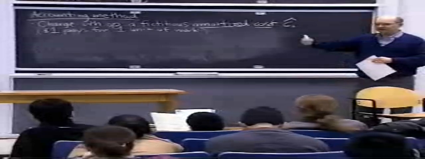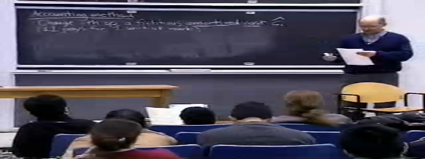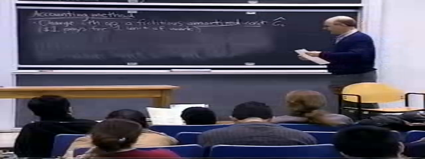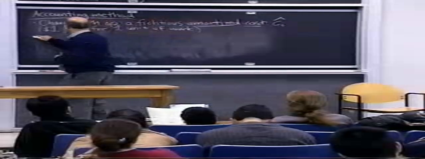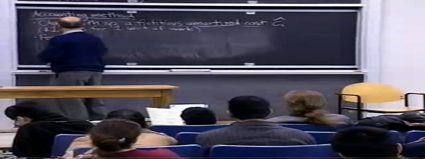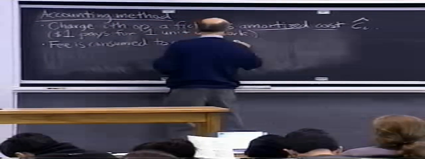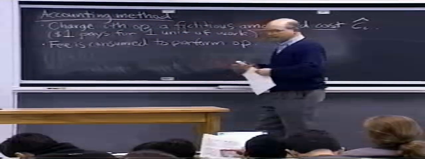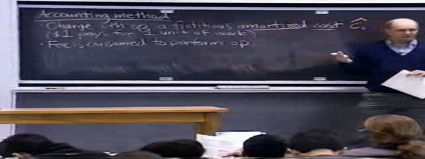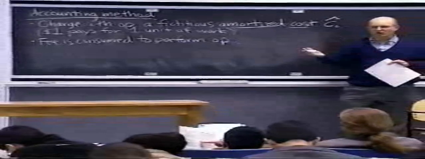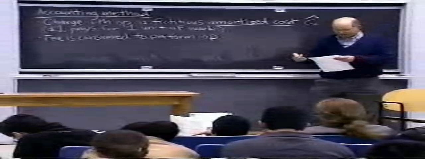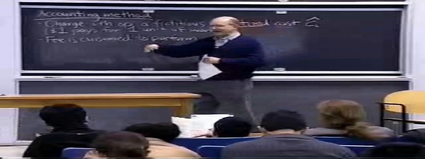So we charge a certain number of dollars for each operation, and this fee is consumed to perform the operation. But it may not be completely consumed. There may be some left over, and if there is, we put it in the bank.